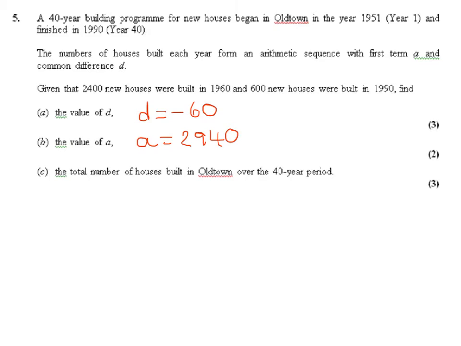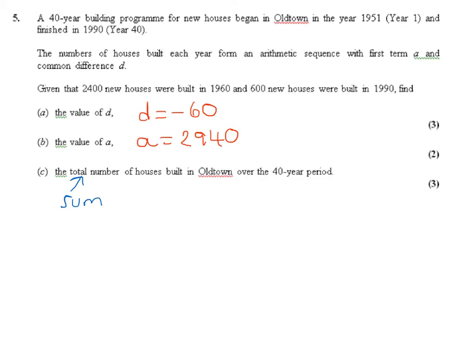Okay, so part C says we want to find the total number of houses built in Oldham over the 40-year period. Well, that's going to be the sum of all the 40 years. So we're going to use our sum formula. We have A and D given to us. We have two formulas to pick from.